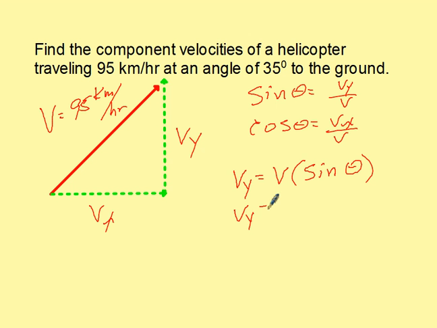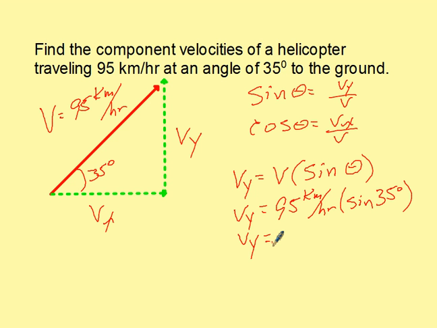So velocity of Y is going to be 95 kilometers per hour times sine 35 degrees. We've got to put this in here because it said we were 35 degrees to the ground. So the velocity of Y is 95 sine 35.